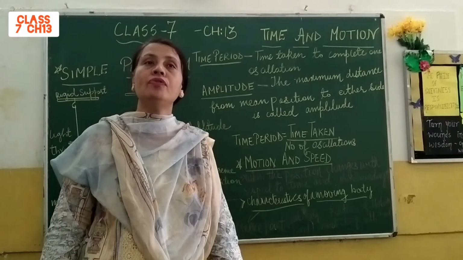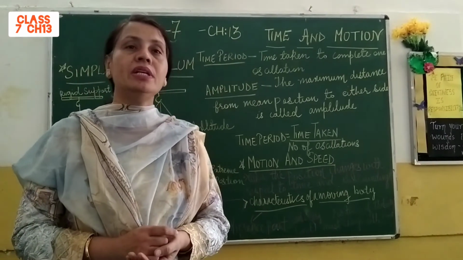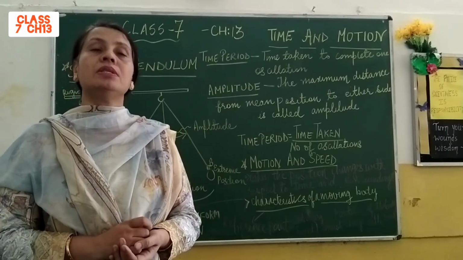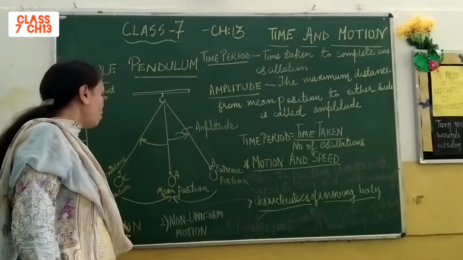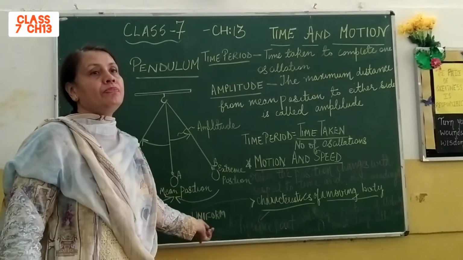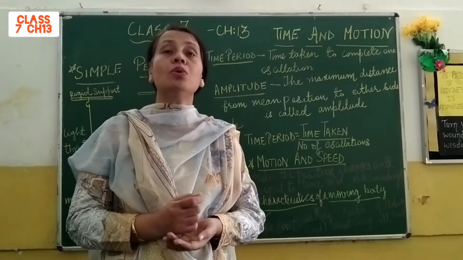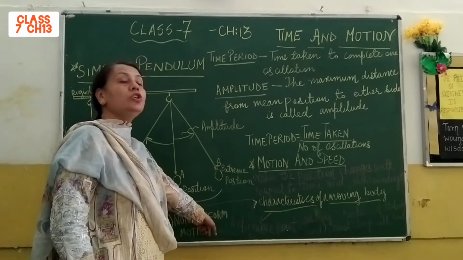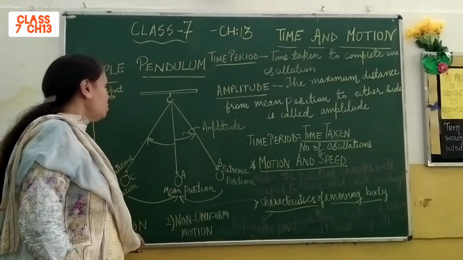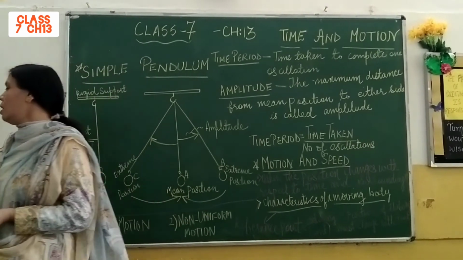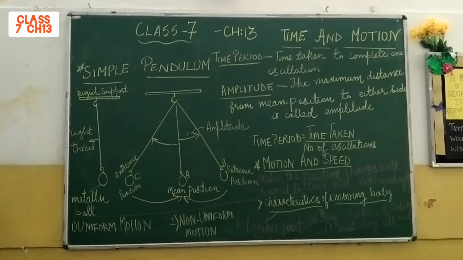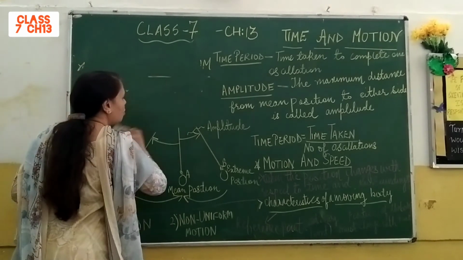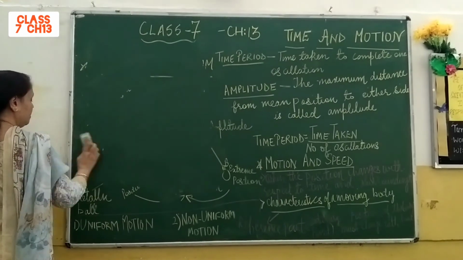Talking about uniform motion, when a body covers equal distance in equal intervals of time, such type of motion is called uniform motion. When the body covers unequal distance in equal intervals of time, such type of motion is called non-uniform motion.